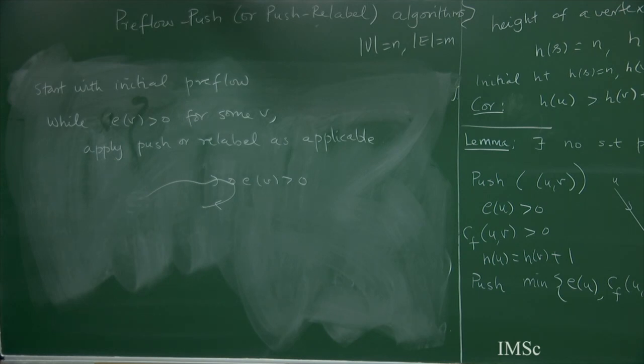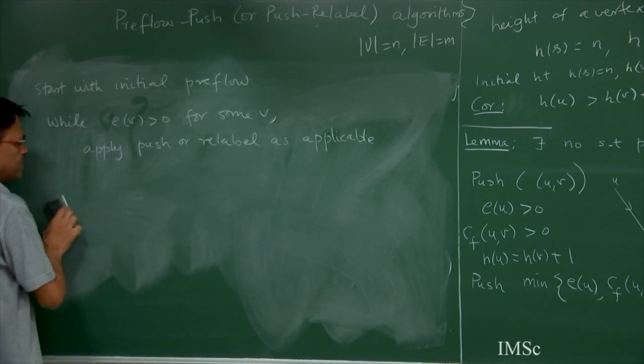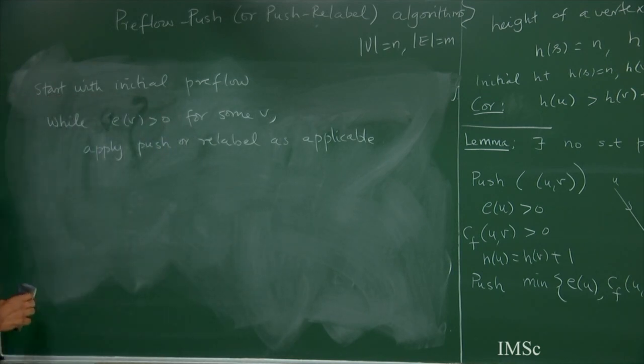So we were en route to showing that the algorithm will actually terminate, and the way we were going to do it is by giving a bound on the number of pushes and the number of relabel operations the algorithm will do. We are left to just analyze the algorithm.